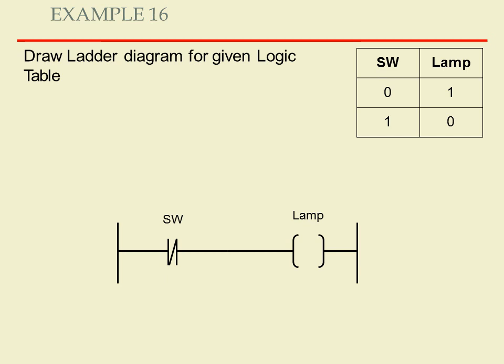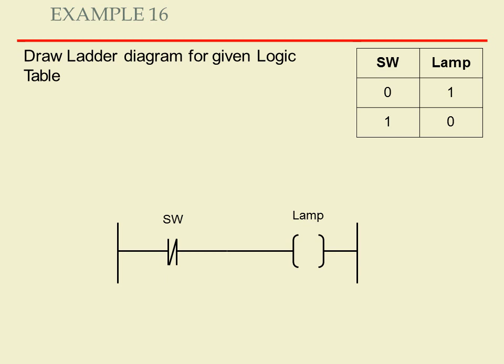As we have taken a normally closed contact, the switch is closed already. So when the circuit is operating, the power will be given through this closed contact to the lamp and the lamp will glow. So the first condition in this table is satisfied.